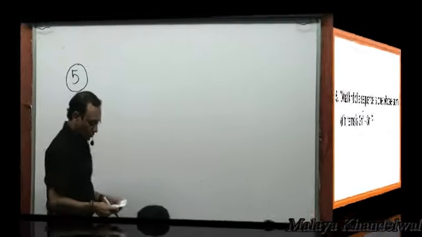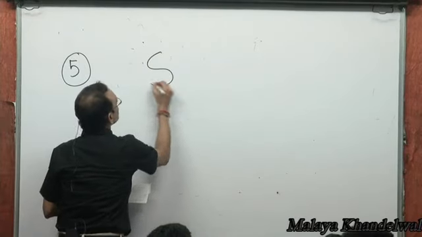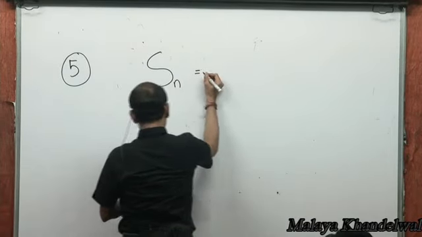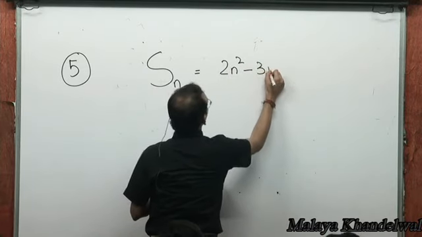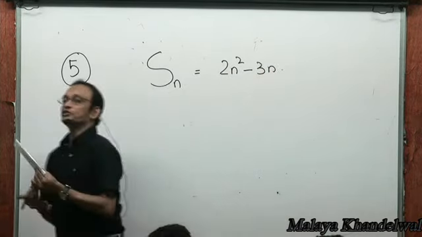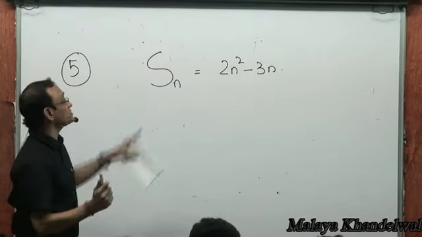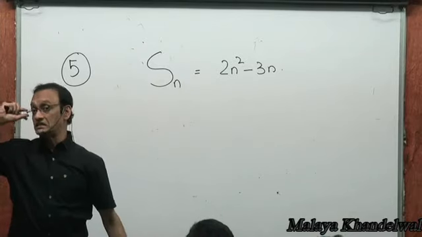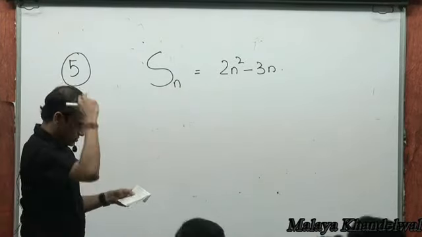Now, there is a sequence whose sum up to n terms is 2n squared minus 3n. We need to suggest the nature of this sequence whose sum up to n terms is a quadratic 2n squared minus 3n, right?